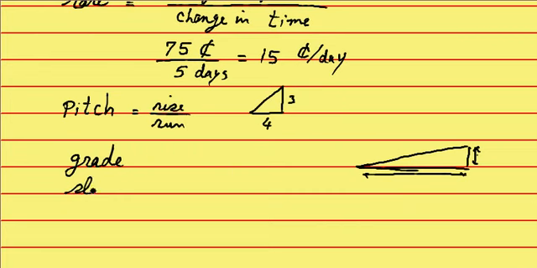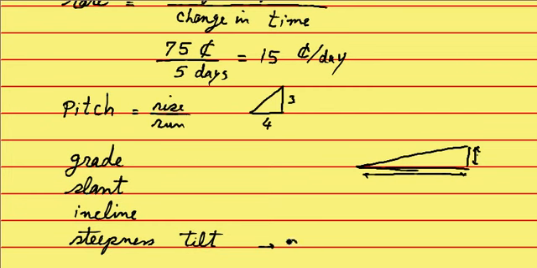Similar words: you talk about slant, you talk about incline, you talk about steepness. What else? Maybe you want to talk about tilt. And all of these ideas have something to do with the angle that you are making, so somehow they are all connected to the angle that you make with the horizon.